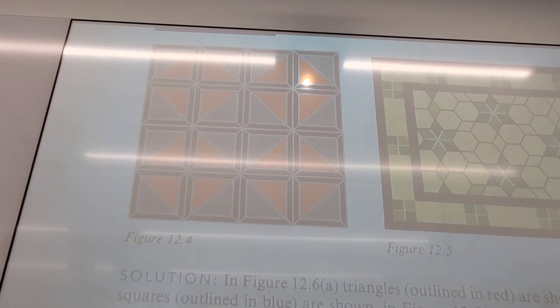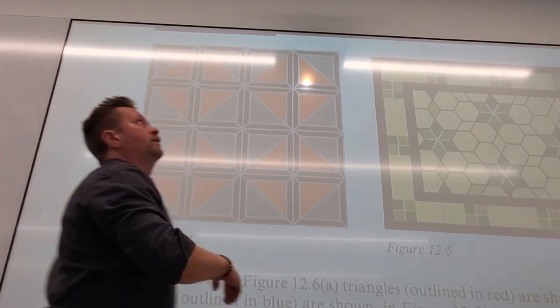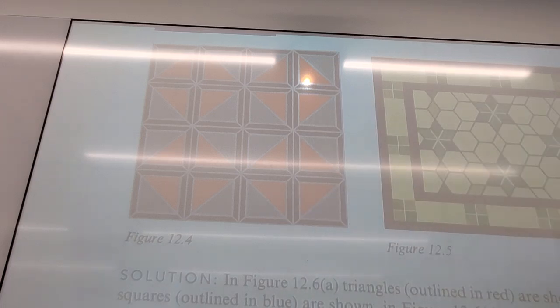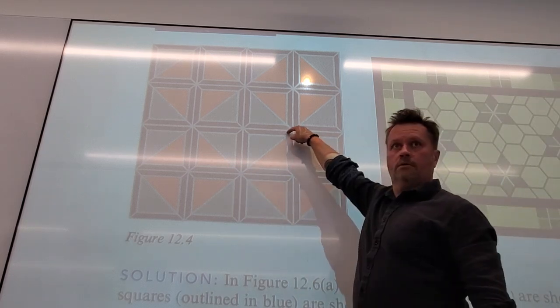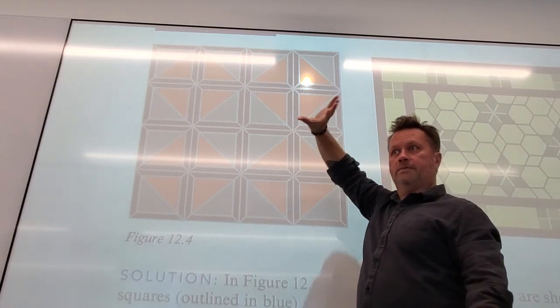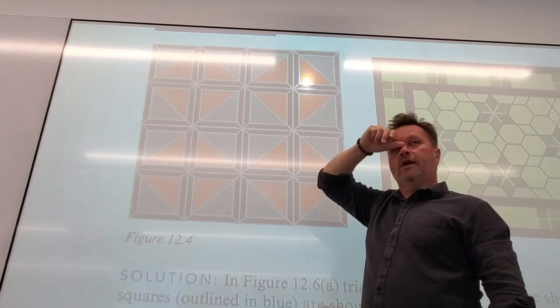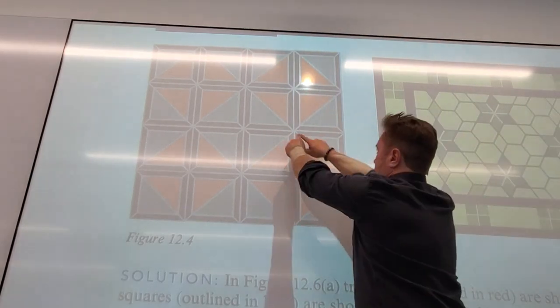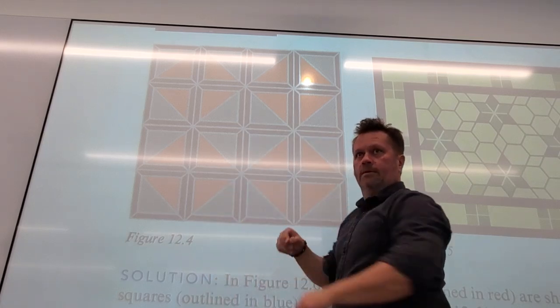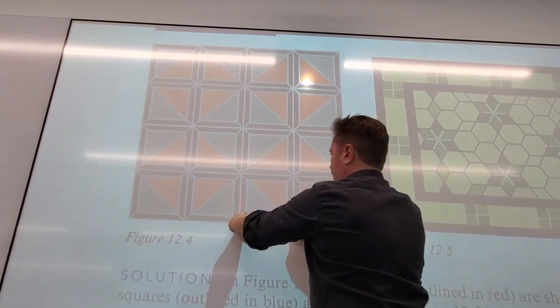Would they necessarily identify this as a square? Maybe not, right? Because it's been rotated, correct? But what would they obviously identify as a square? Maybe the whole thing, yes? And maybe this piece here, yes? Maybe these little ones here, yes?